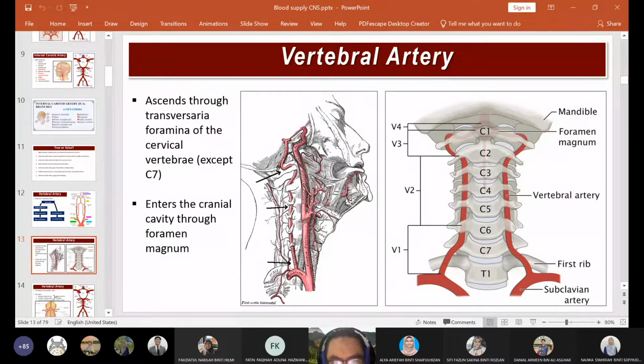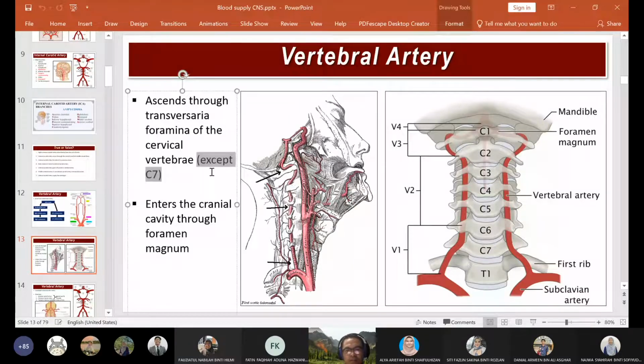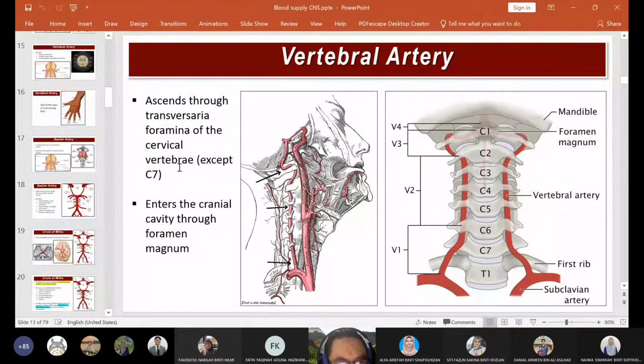So that transversarium foramen of the cervical vertebra is for the vertebral artery to pass through, except C7. Kau tengok sini. C7 dia tak lalu. Dia lalu kat C6, C5, C4, C3, C2, C1, dia naik atas. So the vertebral artery passes through the transverse foramina except C7.